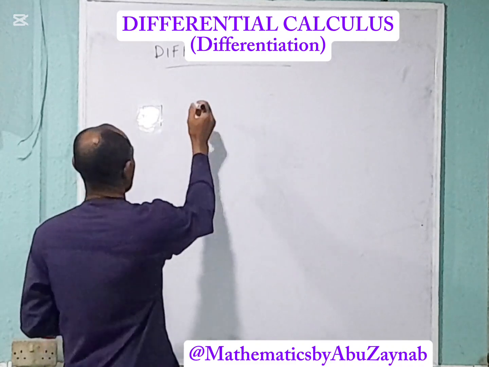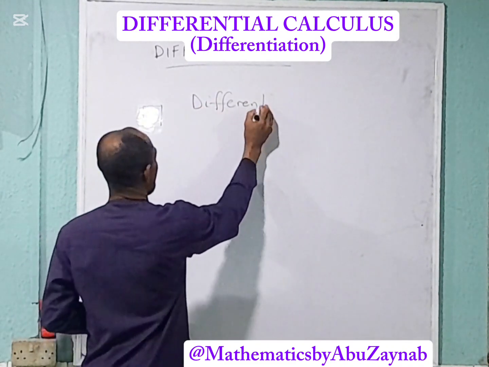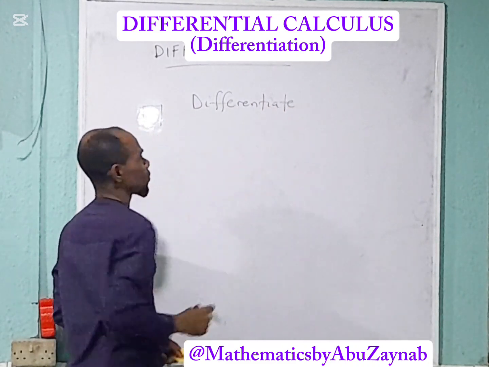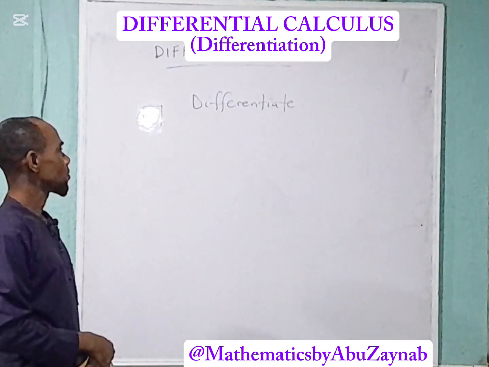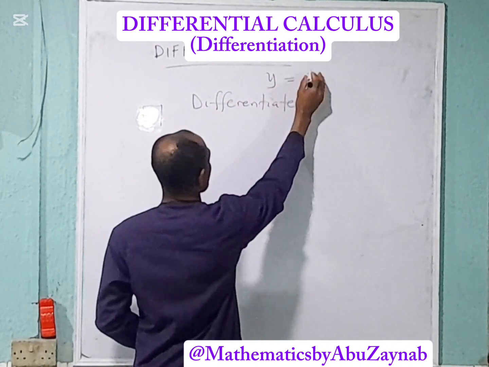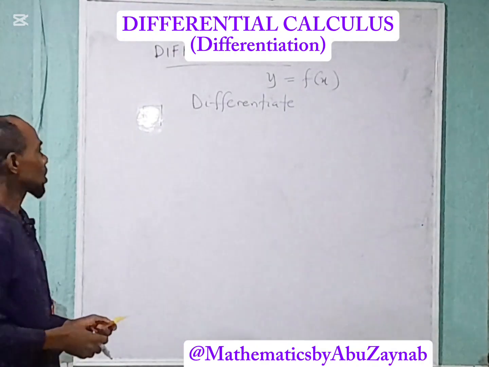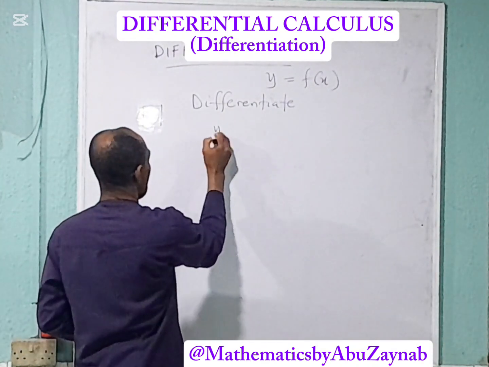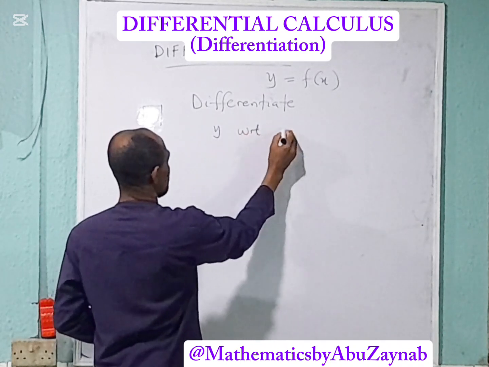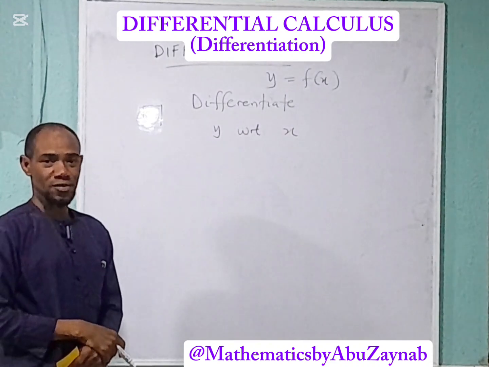To start with, when you say differentiation, there are several expressions that can be used to mean the same thing. If you are given to start with a function y in terms of x, you can be asked to differentiate y with respect to x. That's the WRT, with respect to x.